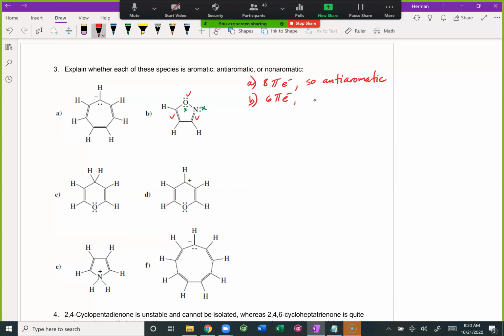That makes it what? Aromatic. According to Huckel's rule, we have 3 pairs of pi electrons, therefore it is aromatic. Let me write down something here. One pair of the oxygen is part of the pi system. The other pair of the oxygen and the lone pair of the nitrogen are not part of the pi system since they are perpendicular.